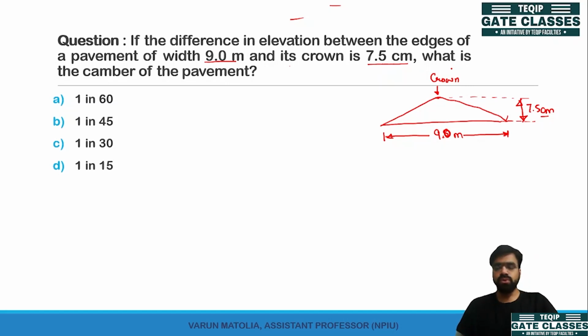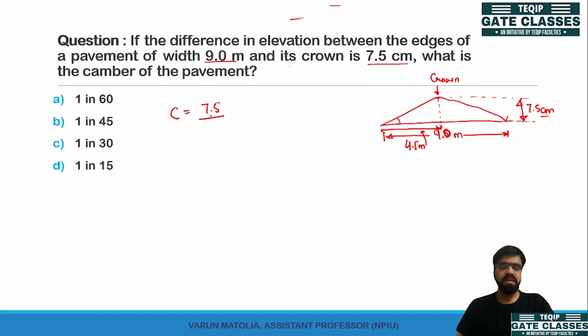So they want to know the value of camber. They want to know the value of the slope theta. This is a right angle triangle. The base of this triangle is 4.5 meter. This is the height, that is 7.5 centimeter.